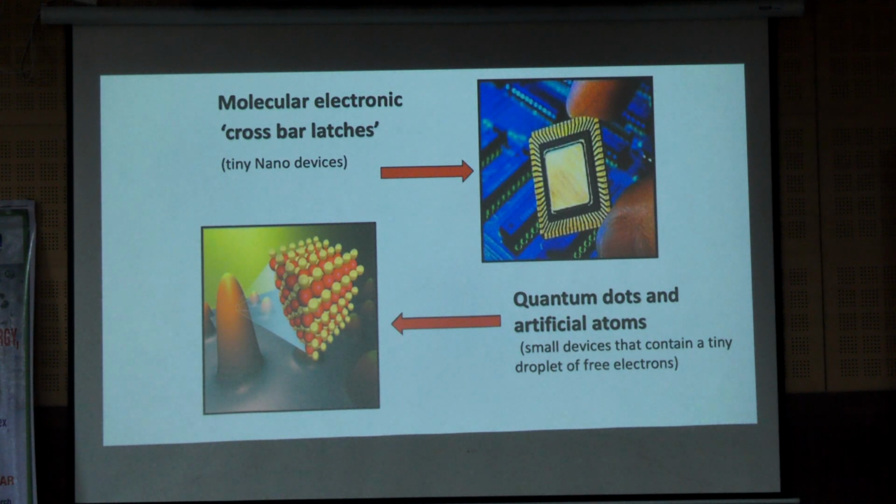Quantum dots have a very small size, and the quantum dot can be used, or whether we can create artificial atoms. Once we understand how an atom is created, is it possible that we can create certain artificial atoms to make such kinds of small devices? That will be the future challenge.